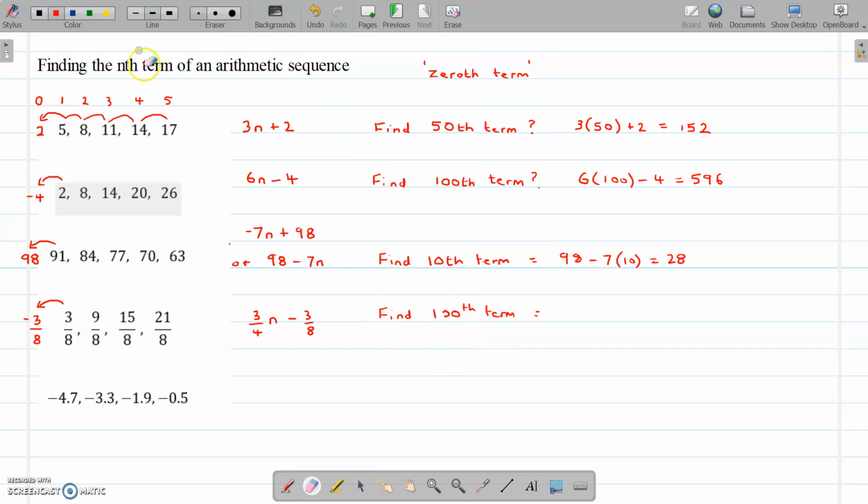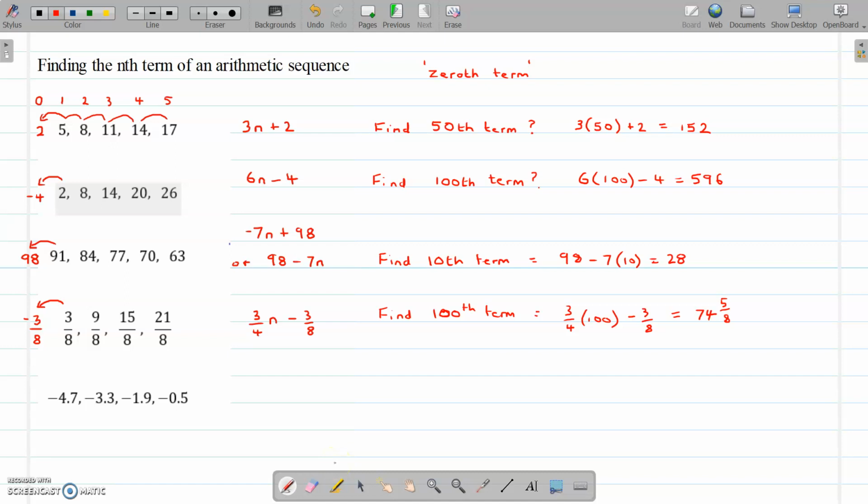It would be 3/4 of 100, minus 3/8. Well, 3/4 of 100 is 75. 75 minus 3/8 is going to be 74 and 5/8. You could leave it like that or write it as an improper fraction. It doesn't matter, but that's the value it would be.